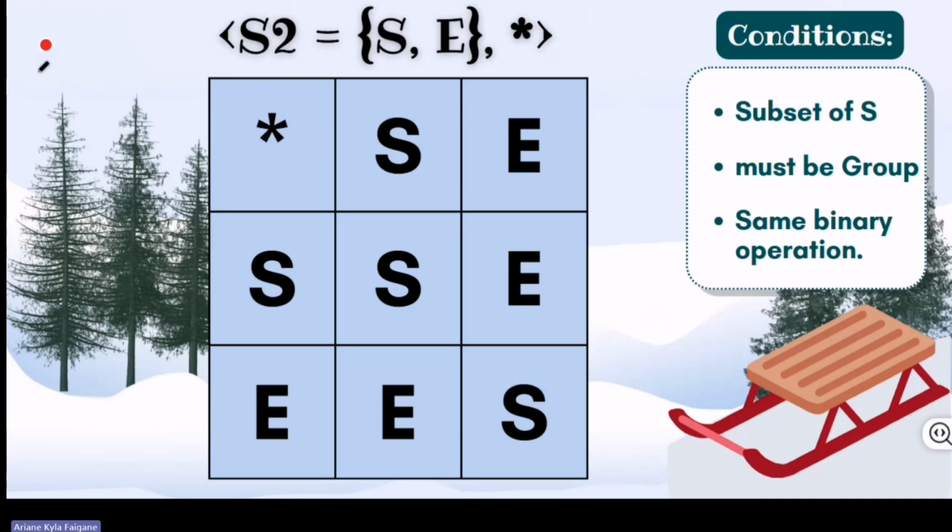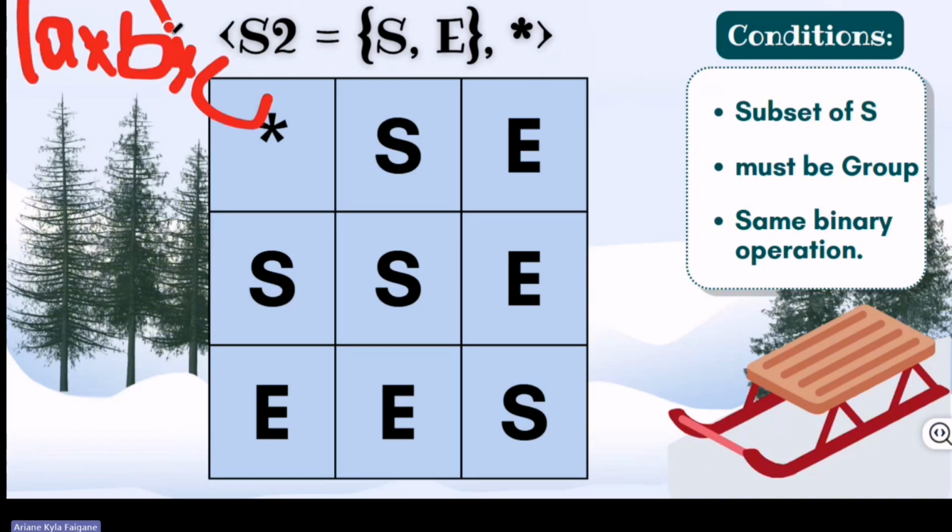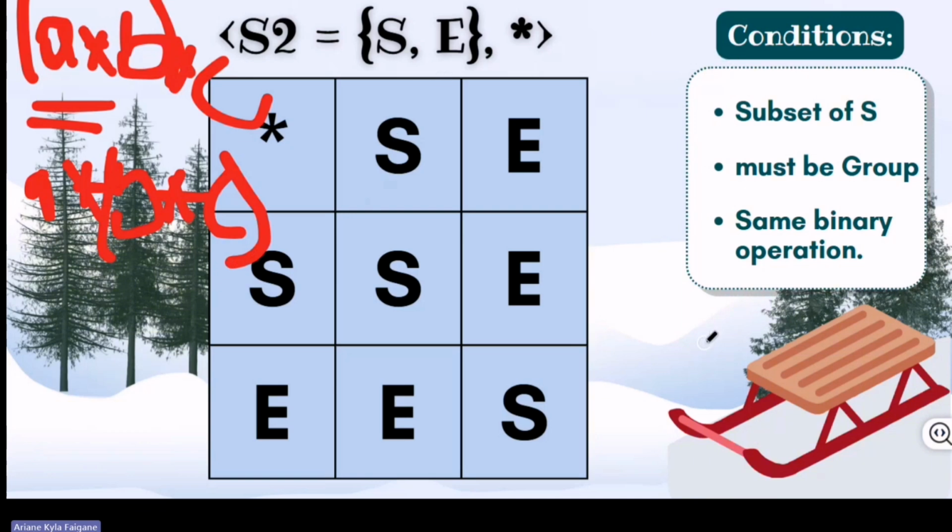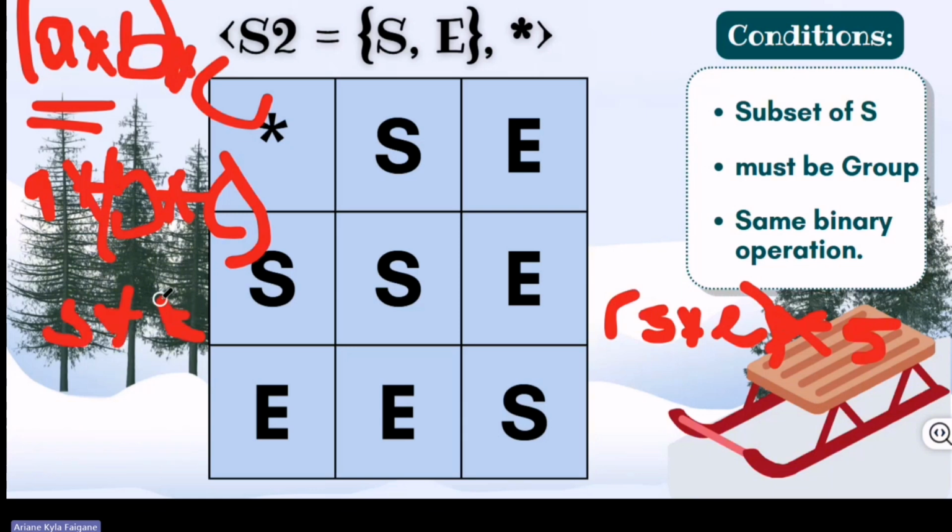So we have (A star B) star C, and it must be equal to A star (B star C). So in this part, we have the elements S and E. So (S star E) star S must be equal to S star (E star S). So this will be the group.